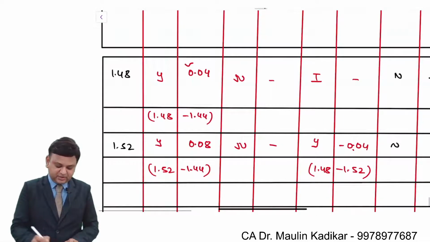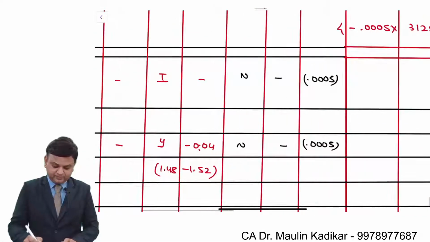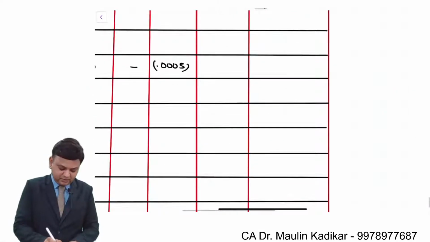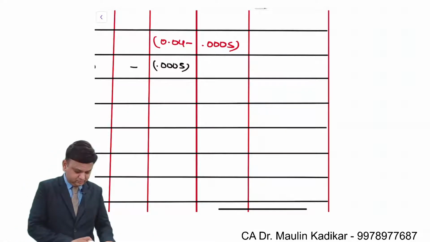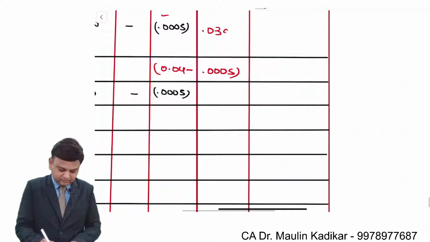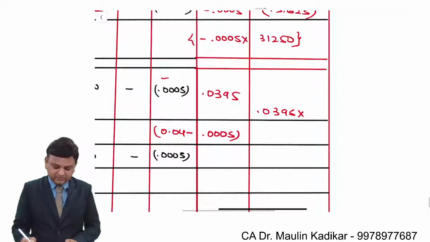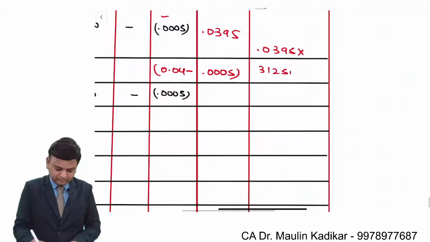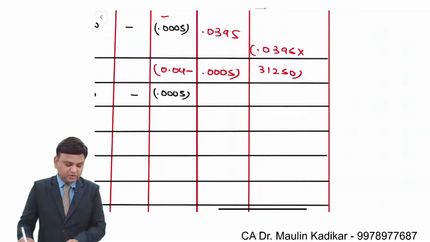Over here there is a profit, that is payoff is positive. This is the premium, 0.04 less 0.0005. 0.0395. 0.0395 multiplied with 31250. So 1234.375.